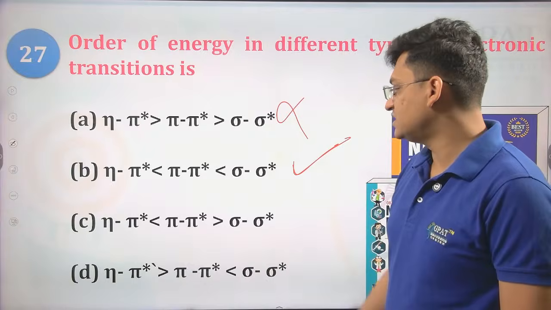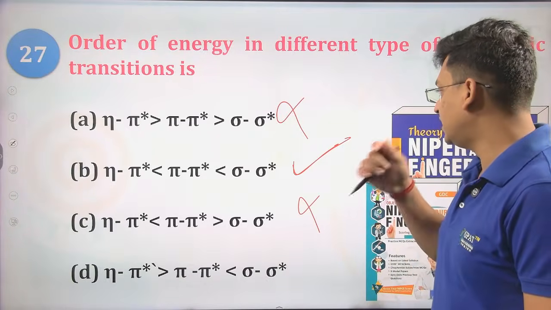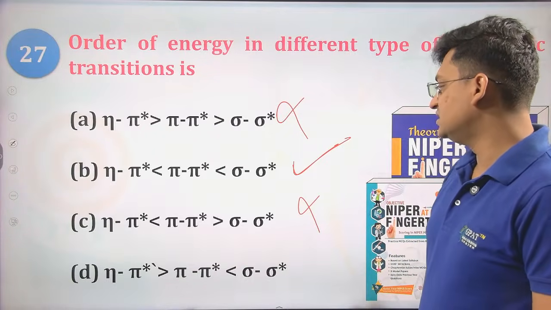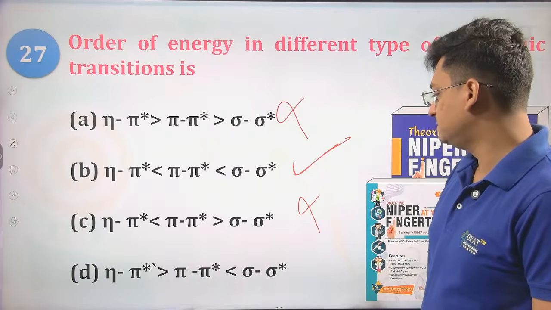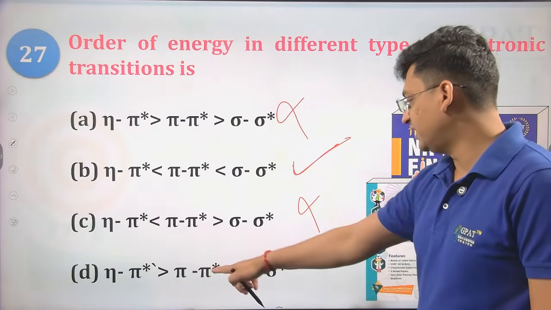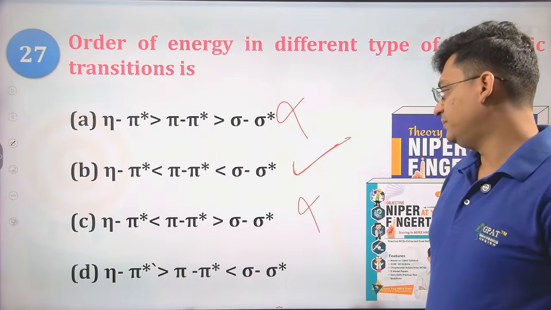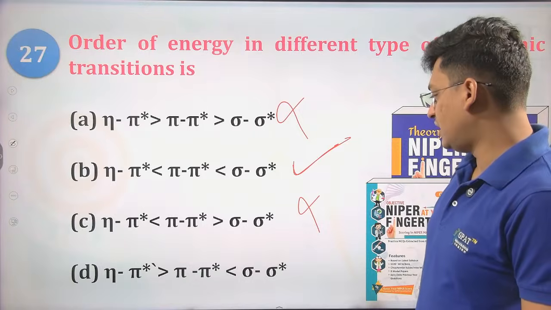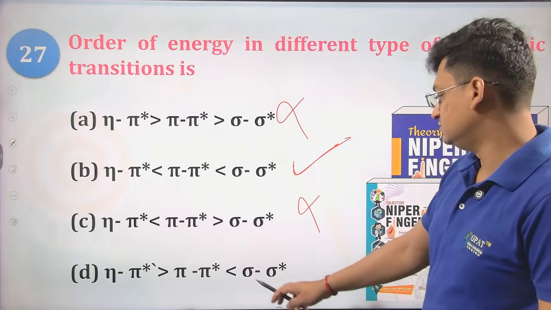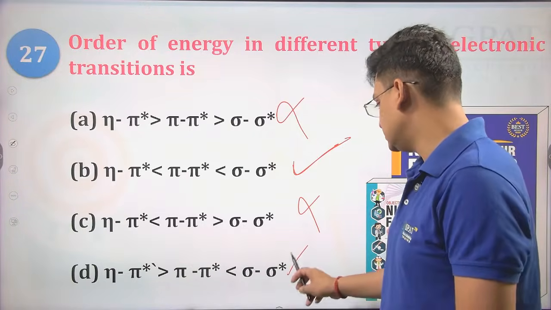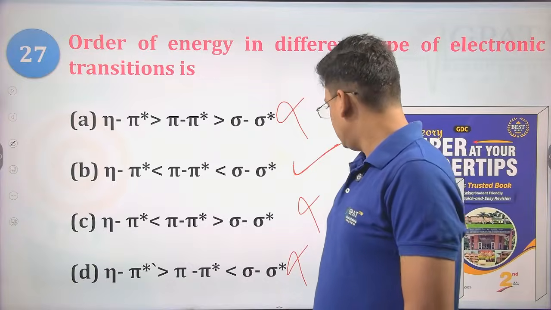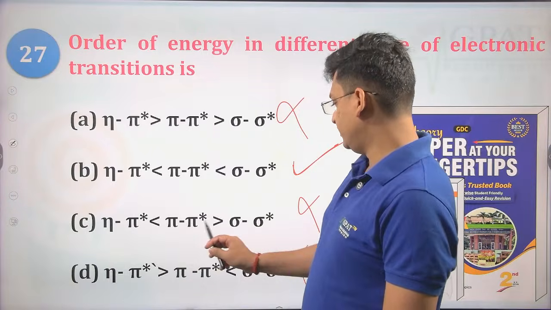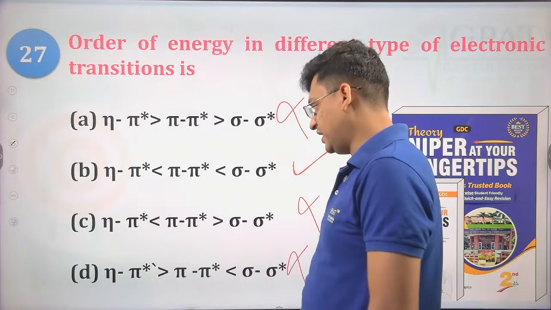Here sigma star is lower than pi, so this is incorrect. Here sigma star is greater than pi, so can this be your answer? No, this has more than pi to pi star, so this is incorrect again. Here also sigma to sigma star is lower than pi to pi star.